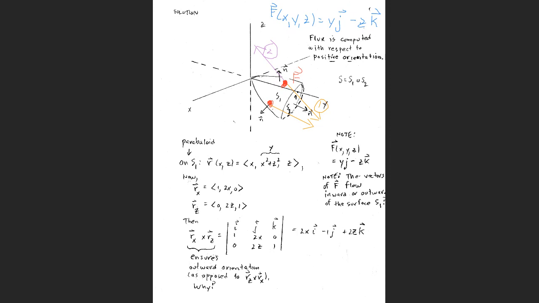It would be negative. That's right, Ellie. It's just like, remember the problems you had with work. If you have a particle moving in space, and the vector field's acting against the particle overall along that particle's path, is the work positive or negative?